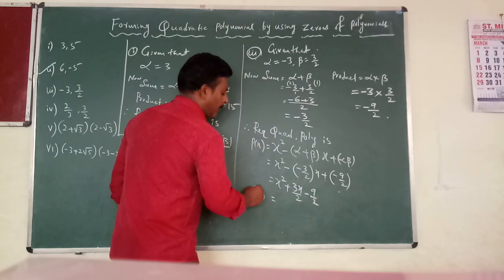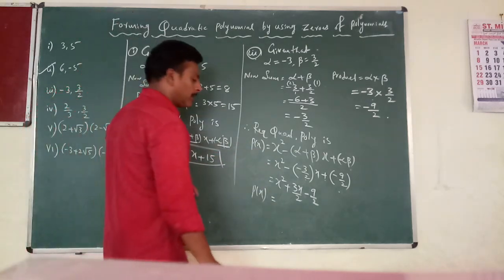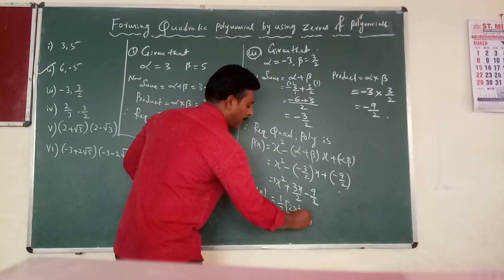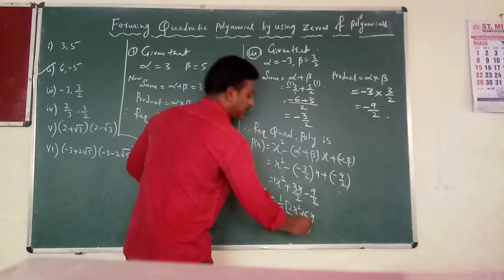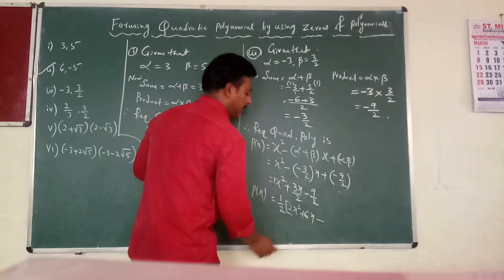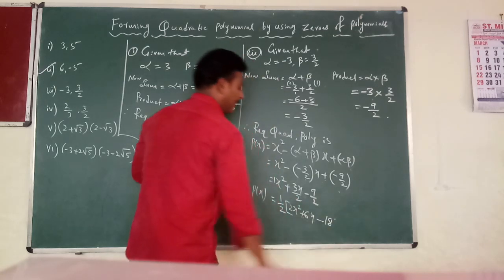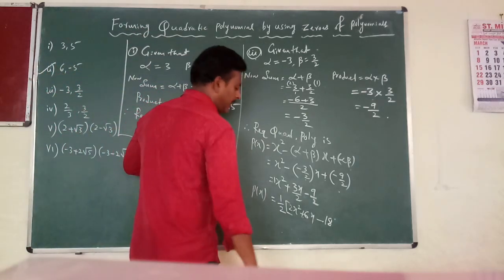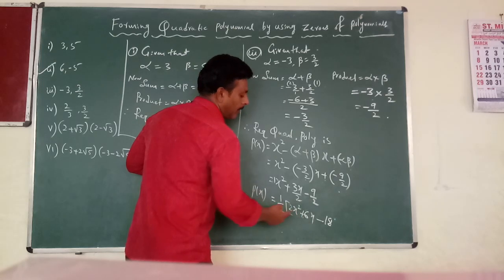So I told you, whenever a denominator is there, you have to take it as common. What should be the common? 1/2 into bracket: 1x square now becomes 2x square plus 6x and minus 18. That will be 18, because if you want to get this 3/2, 2 remains here.